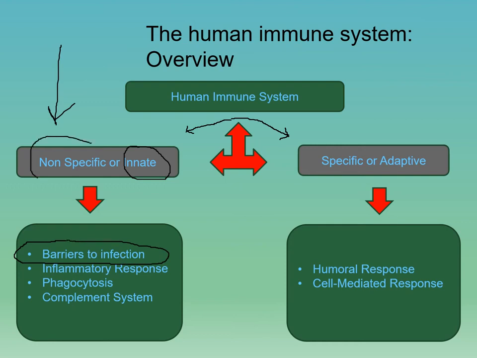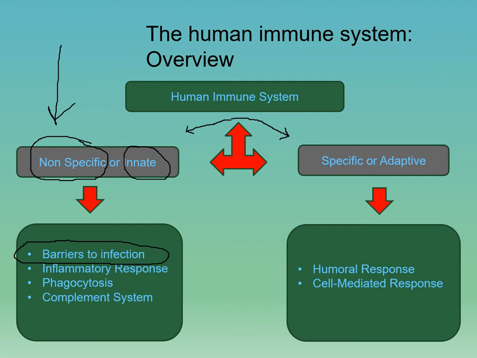Now, the non-specific system means that it's the part of the immune system that doesn't really respond to specific pathogens. It just knows that this thing is foreign and it shouldn't be there and we're going to do something about it. It doesn't identify that this is the flu virus or the adenovirus or any other pathogen.